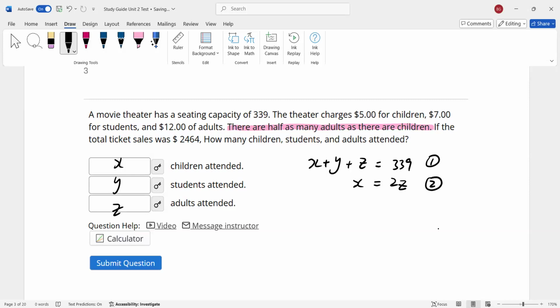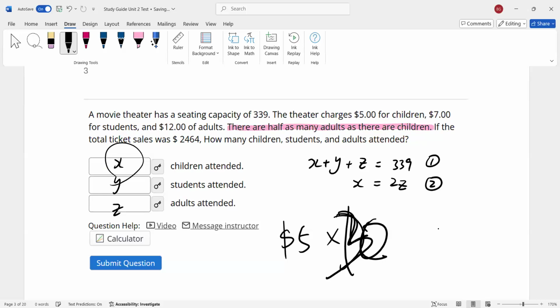Equation 3, we can use the price and the revenue on that day. So they charge $5 for children, $5 for 1 child. So if you have one child, the income from children is $5. If you have 2 children, times 2, 3 children, times 3, 10 children, times 10. Now we have x children, so times x, okay?